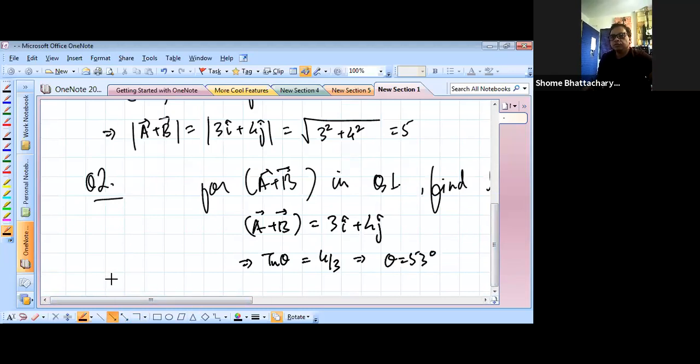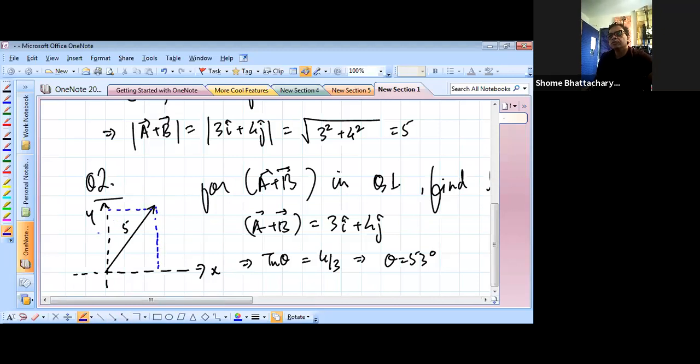So if you draw the vector, it looks something like this. It's a vector of magnitude 5. With respect to your x and y axis, first of all, both the components are positive. So you can see it lies in the first quadrant. The angle lies in the first quadrant.